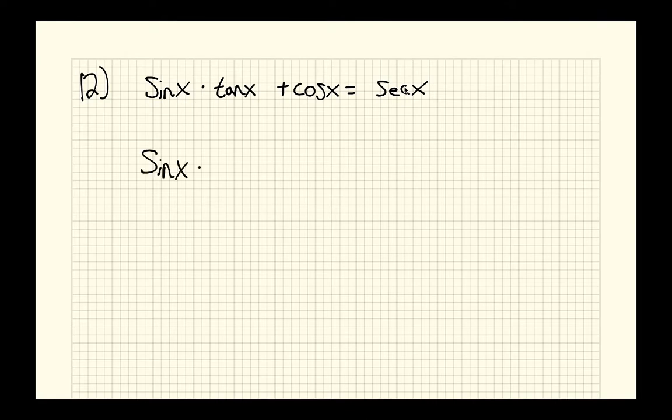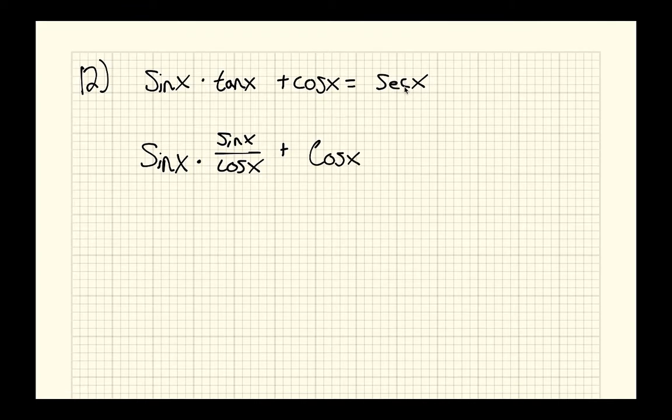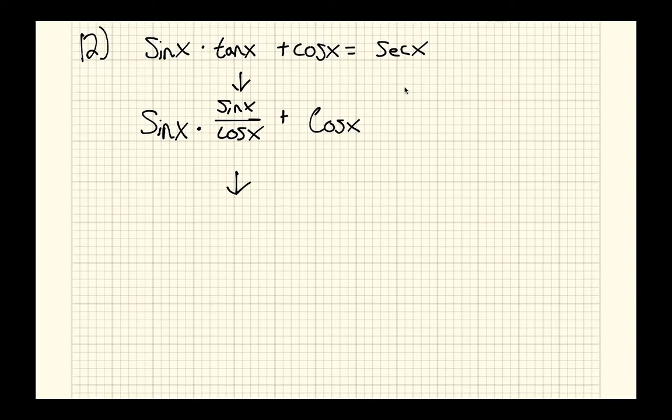Sine of x times sine x over cosine x plus cosine x. Okay, so that's the first step. Next step, let's rewrite that just as sine squared, because sine times sine is sine squared. So we have sine squared x over cosine x plus cosine x.